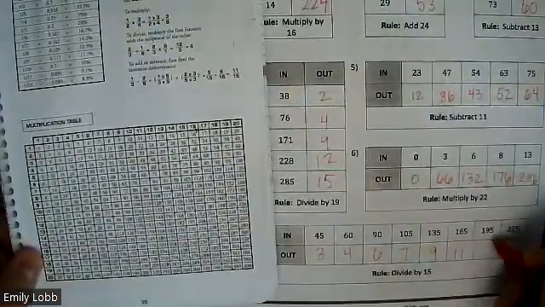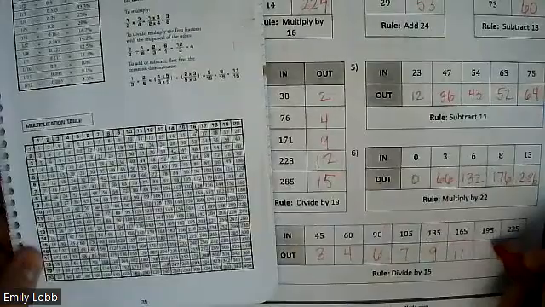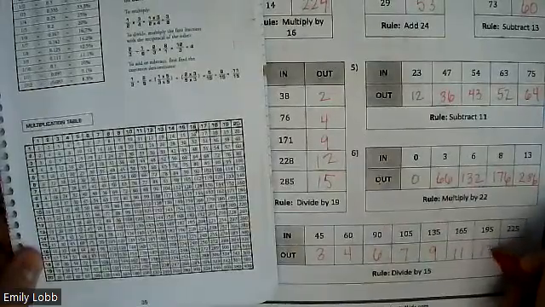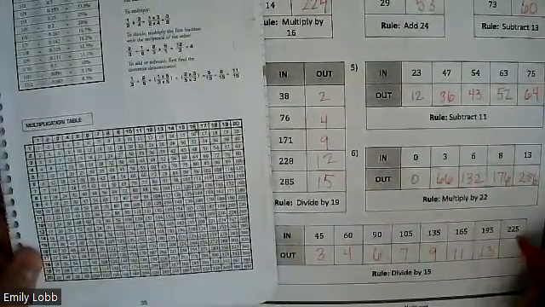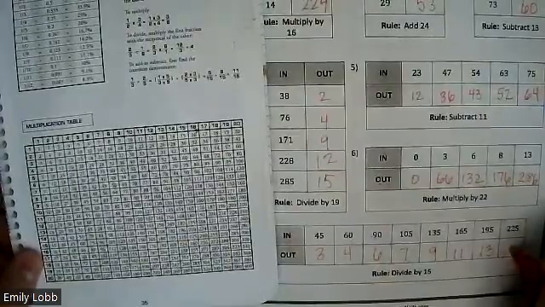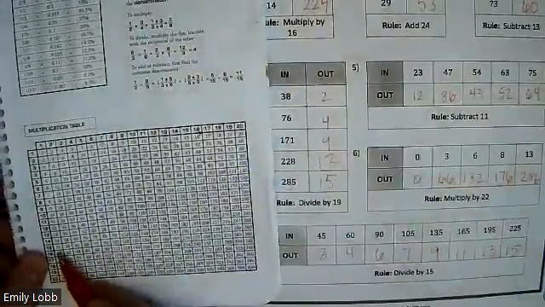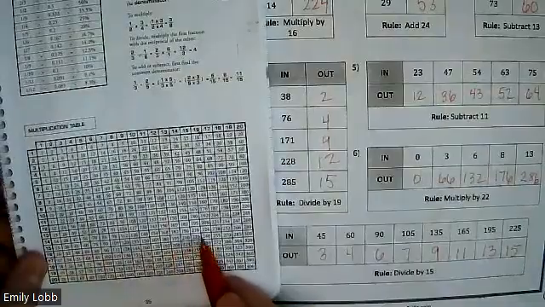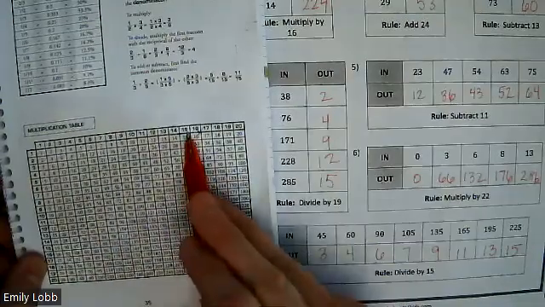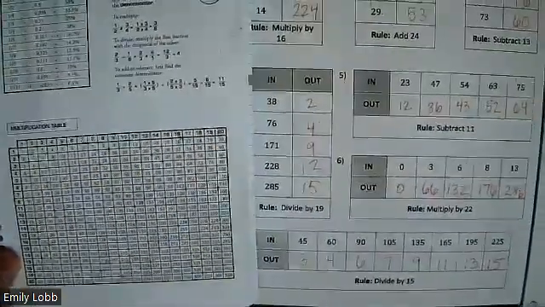Another 30 more is 2 more 15s, which is 13. And another 30 more would be this, which would make this 15. And you could follow these if you'd like. 225 go up to the answer 15.